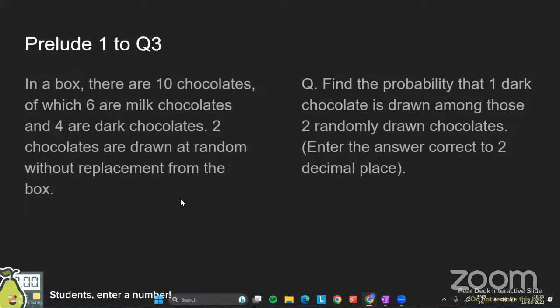So this will be a hypergeometric distribution. For this particular question, we don't need to figure that out. But for now, to find the probability that 1 dark chocolate is drawn, we need 1 chocolate to be dark and 1 to be a milk chocolate.